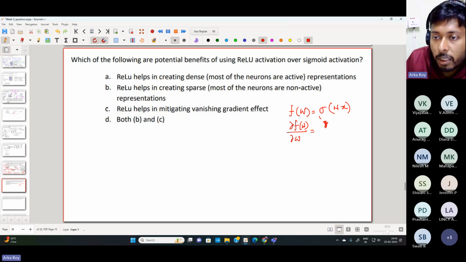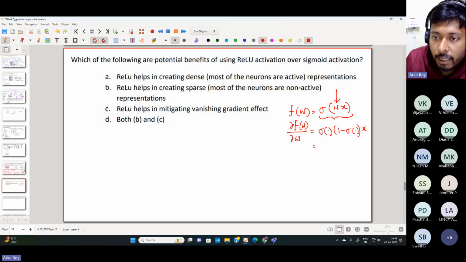First it will take the derivative with respect to the whole sigmoid function, and we know that the sigmoid function has the derivative sigma of something times 1 minus sigma of that argument. Then we take the derivative of whatever argument is present inside the sigmoid function. Because we are taking the derivative with respect to w, the derivative of wx will be x only.